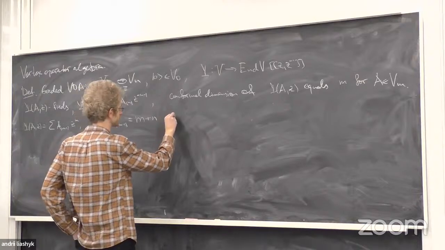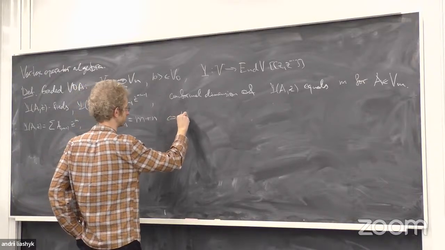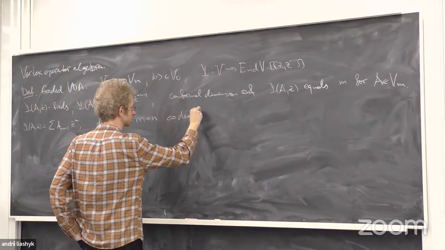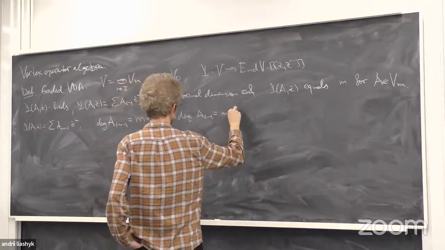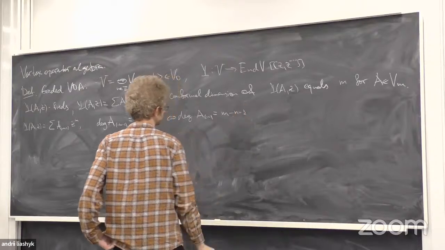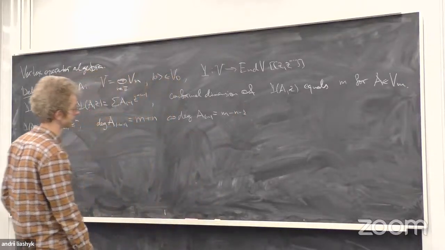This is equivalent to saying that the degree of a_(n) is m minus n minus 1.